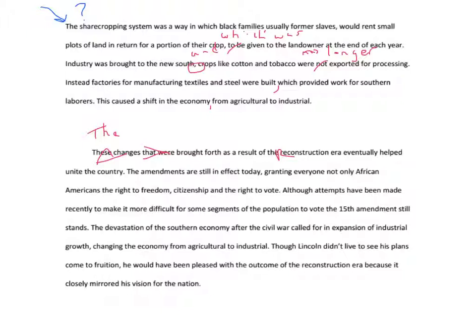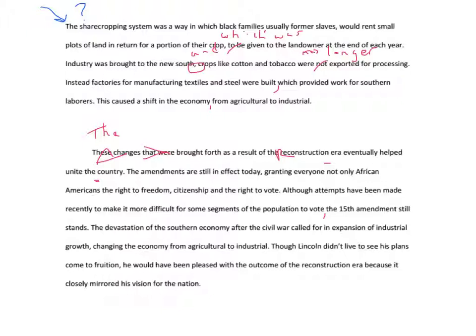The amendments are still in effect today, granting everyone, I'm going to put a dash here, granting everyone, not only African Americans, another dash, the right to freedom, citizenship, and the right to vote. Although attempts have been made recently to make it more difficult for some segments of the population to vote. Although attempts have been made, we need a comma here. The 15th Amendment still stands.